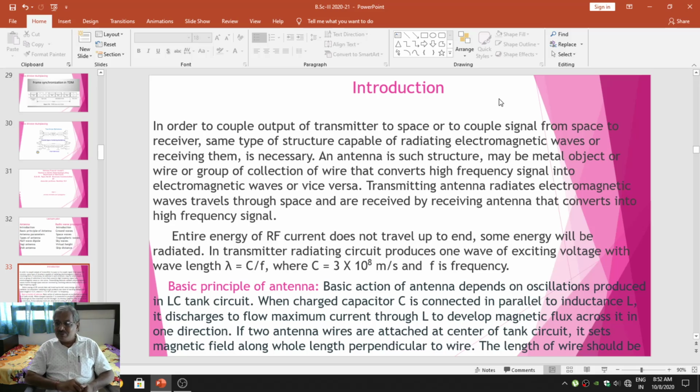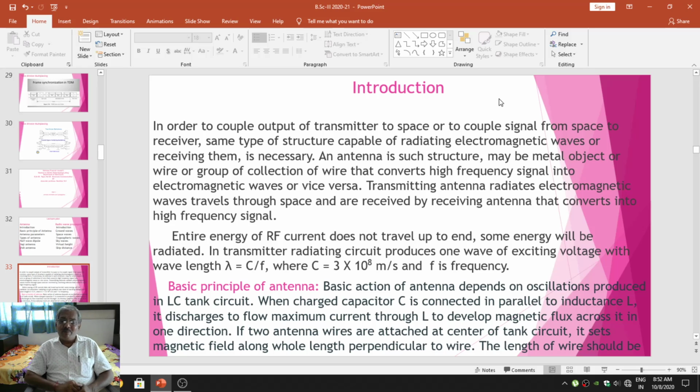If we know the transmitting frequency f, and the electromagnetic radiation travels with the velocity of light, that is 3 into 10 to the 8, then one can definitely determine the wavelength of the wave that travels in space from the transmitting antenna towards the receiving antenna.